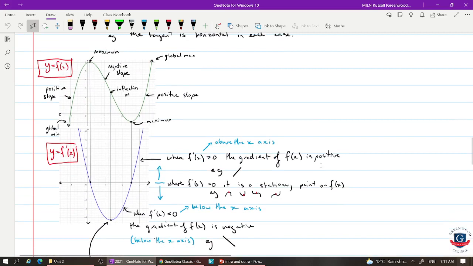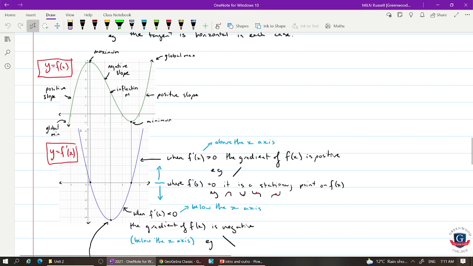So let's have a look at the function again and see if we can make sure we determine everything. The other thing that we can see from the derivative is when the function's going to have a positive slope and when it's going to have a negative slope, when the values are increasing, when the values are decreasing, and when the values are increasing again. When the values are increasing, the derivative will be above 0.